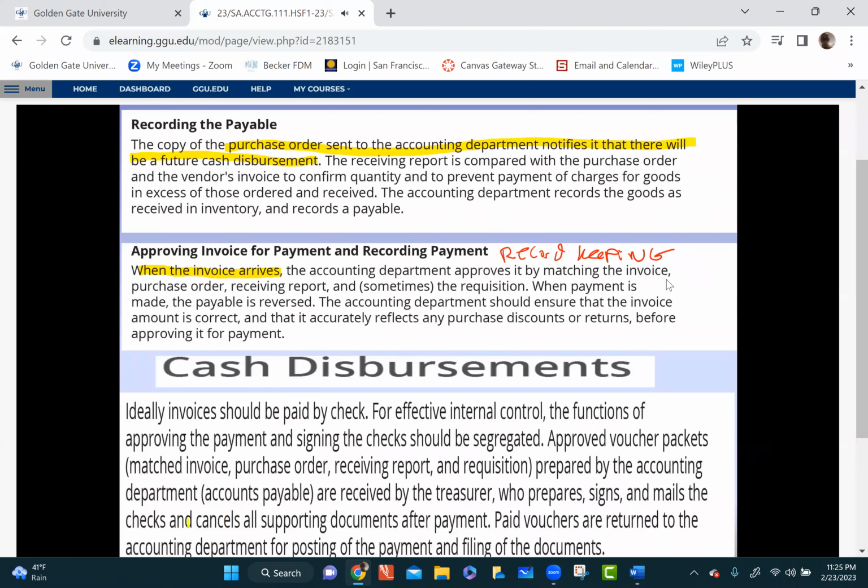And so now what? Now the accounting department approves the invoice by matching it to the purchase order, the receiving report. They may even get the requisition, not necessary. And so now they are going to go ahead and process that for payment. They process that for payment, but should the accounting department have the ability to actually disperse the cash?